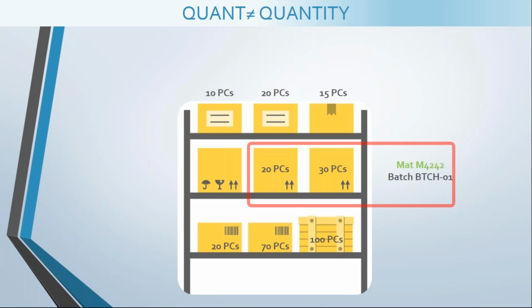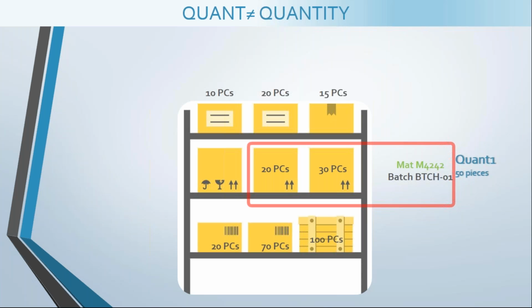So you have to create one quant for this. Okay, so the quantity is 50 pieces, but the quant would be one. So you create a quant, and this quant then has 50 pieces.